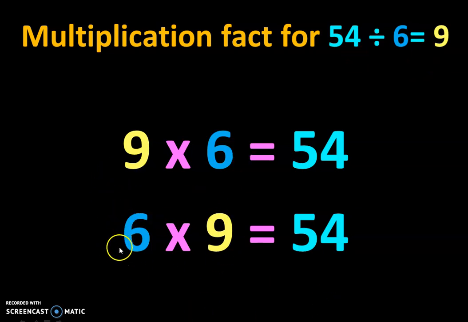This is our 2 multiplication facts. Here this dividend will become the answer with the multiplication. So both are in the opposite way, multiplication fact and division fact. Because they are asking for a multiplication fact, you do it with the multiplication symbol, and these two small numbers multiply to get the bigger number. There the bigger number is divided to get the smaller number. Both are opposite to each other.